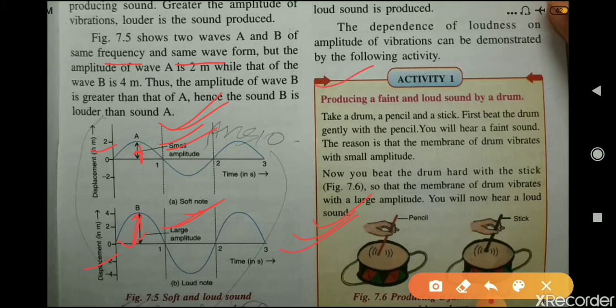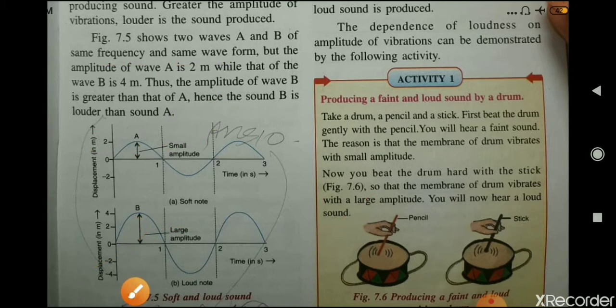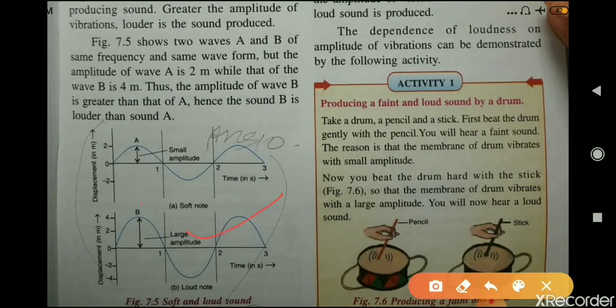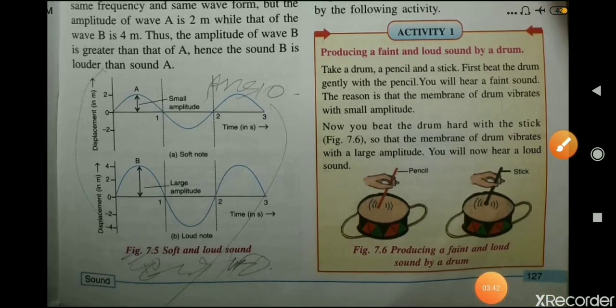The amplitude of wave B is greater than A. Hence sound B is louder than sound A, because the amplitude of sound B is larger than the amplitude of sound A.